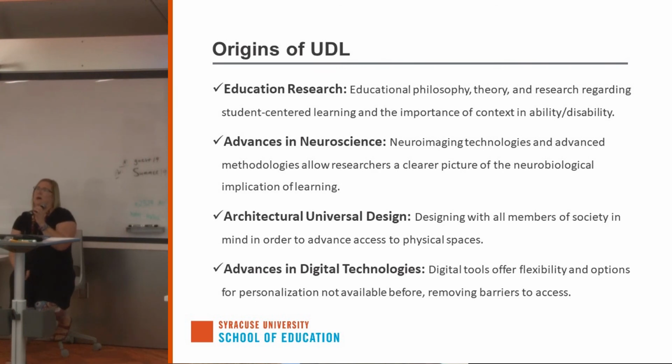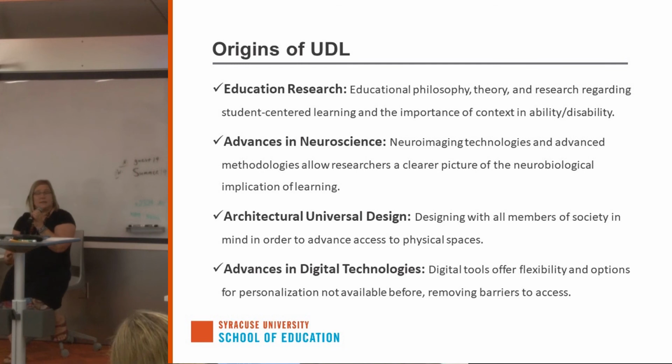So UDL really came from people doing research about education. More and more, this focus started to move towards student-centered learning. Hopefully, we are past or getting past somebody standing in front of the class and talking, and students taking notes and then going home, and moving toward being more student-centered and inclusive and including everybody in the class.